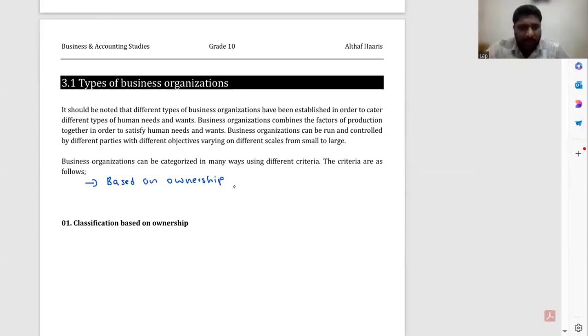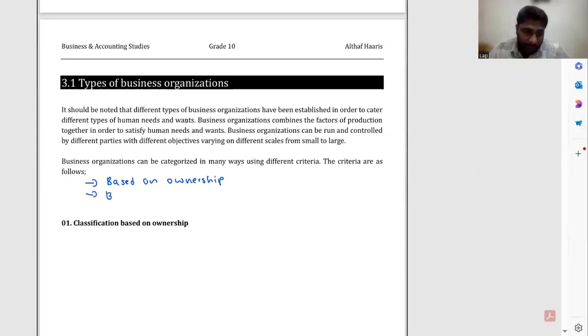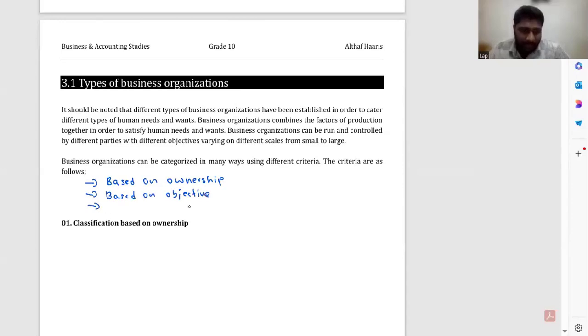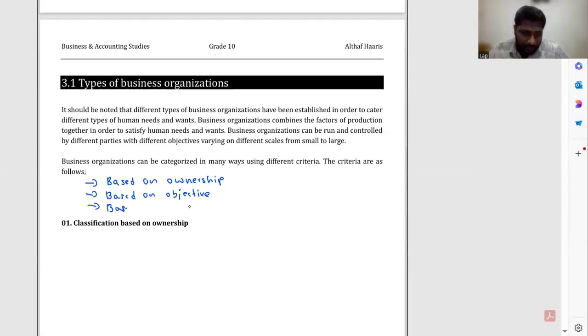And second one, write down, based on objective. And third one, write down, based on size or the scale.